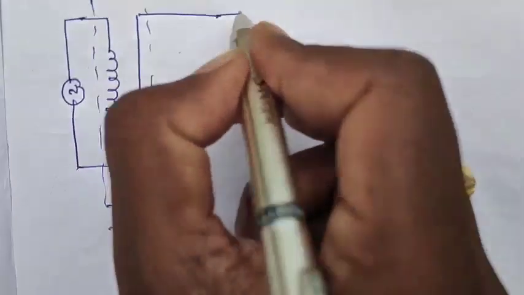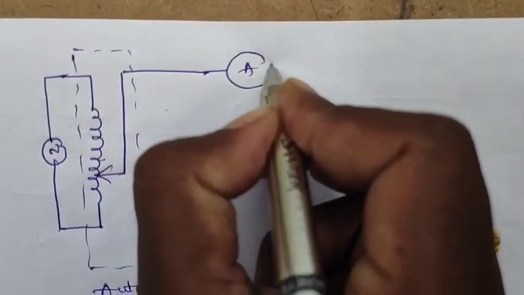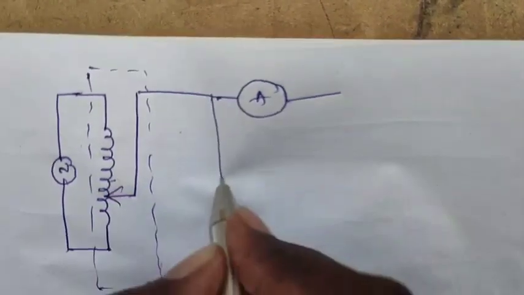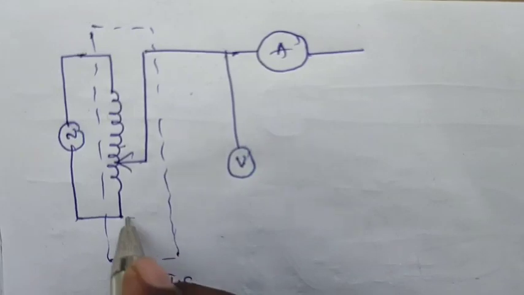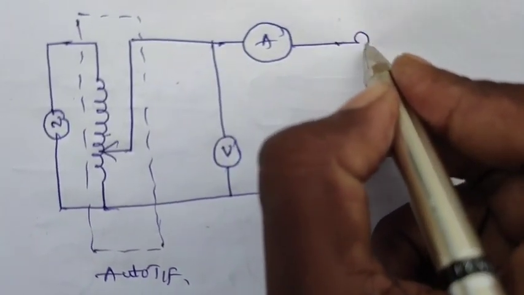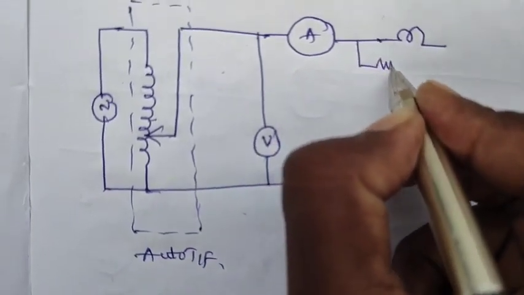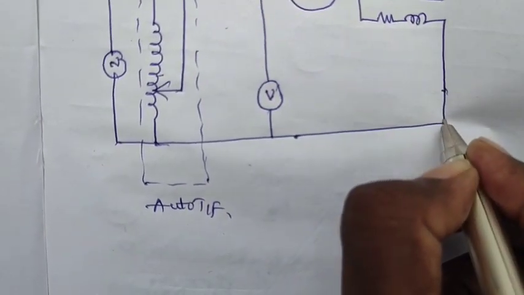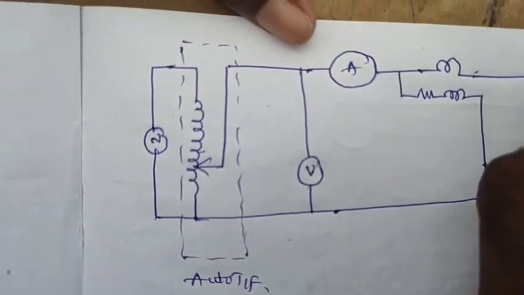I am connecting one ammeter. An ammeter is always connected in series. I am connecting a voltmeter and one wattmeter to the transformer.